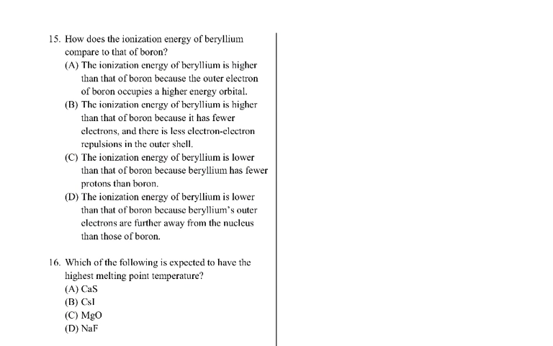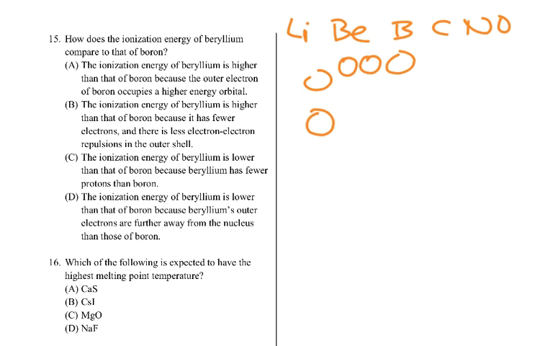4.15. How does the ionization energy of beryllium compare to that of boron? Okay, beryllium and boron. If we look on the periodic table, we have lithium, beryllium, boron, then carbon, nitrogen. If we were filling these up in their orbitals, beryllium is 1, 2, 3, and 4.